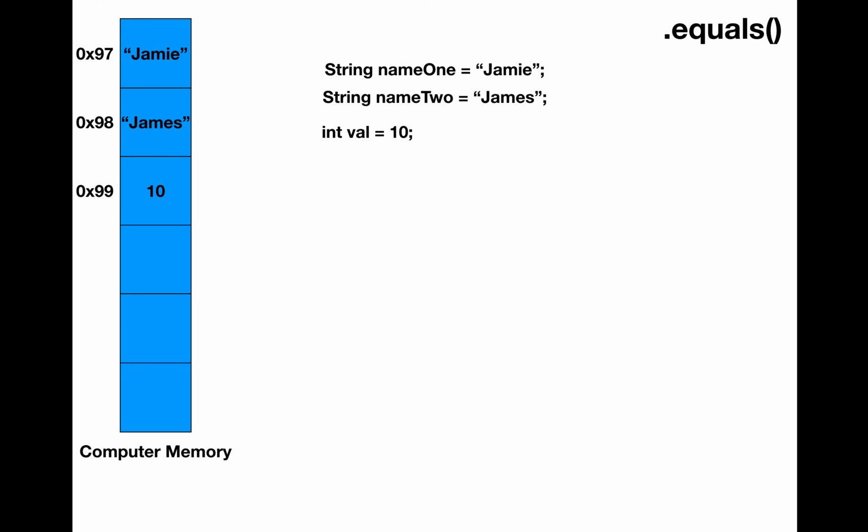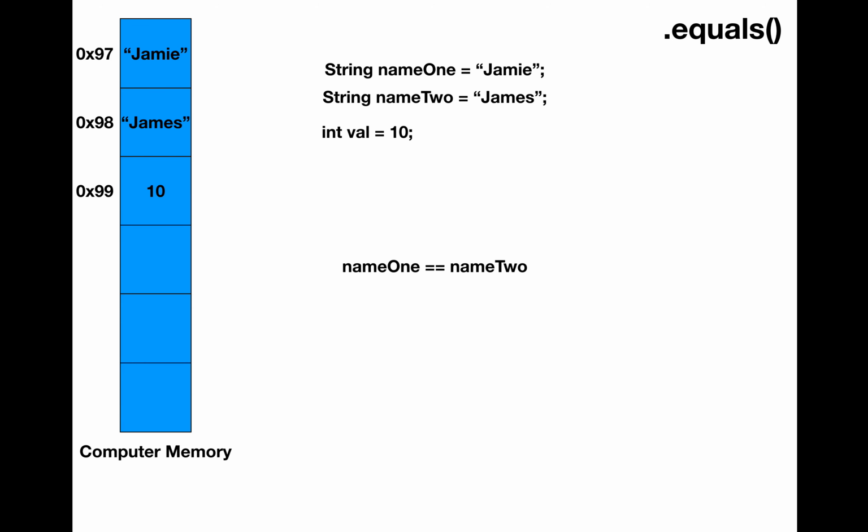If you go to address 98, you're going to find James, and if you go to address 99, you're going to find 10, or the number 10. And why do we have a 0x at the front? Well, usually for computers to know that you're talking about an address, you put 0x as a prefix, and then give it the number, and then it'll be able to say, okay, I know I'm looking for an address.